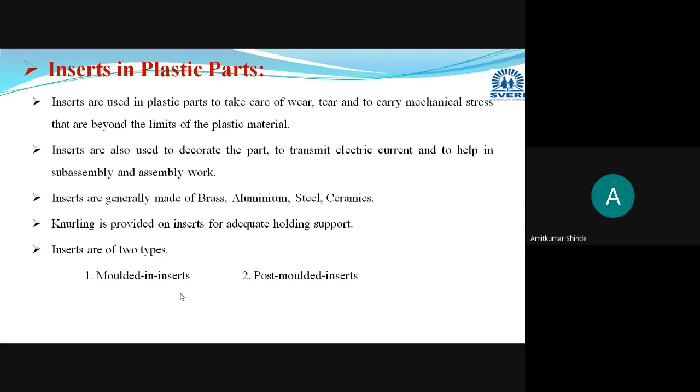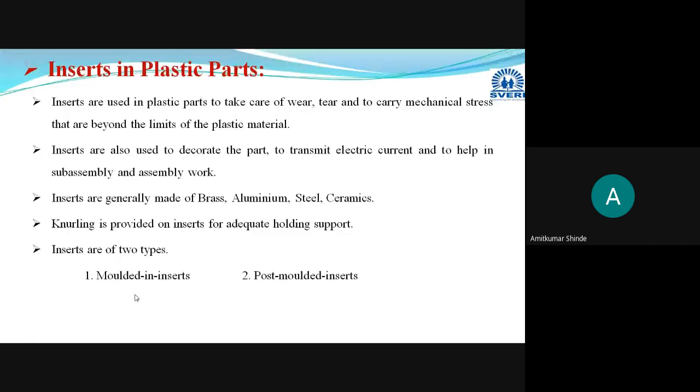Post-molded inserts means that the insert is installed after the molding process. The molded-in insert is installed before the molding process, placed inside the mold, and then the mold is closed.